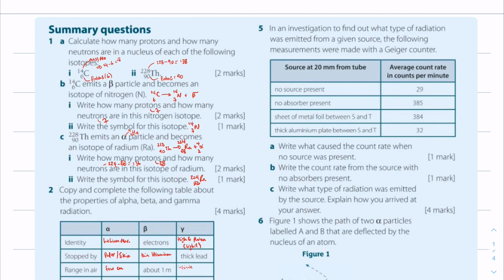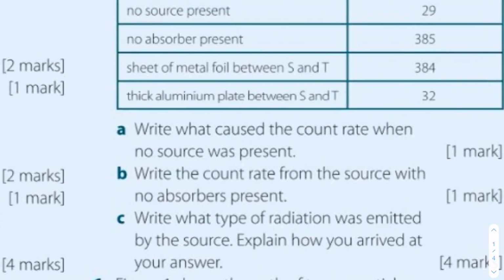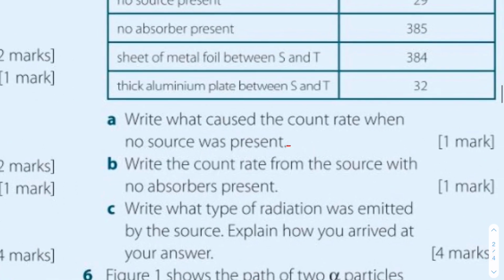So part A says what caused the count rate when no source was present. So a Geiger counter will pick up some radiation even when you don't have any radioactive sources present, and that's because the count rate is the background rate.